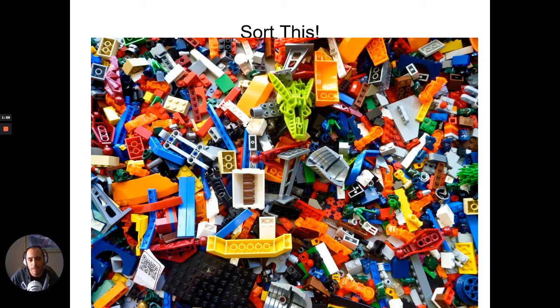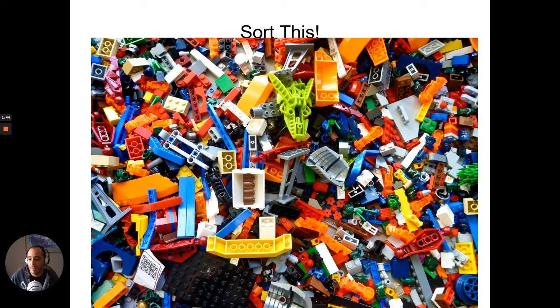So when you're being asked to sort things, there's two things you need to think about. One is what categories or what criteria are you using to do this sort? And that is very separate from the other side of things, which is what technique am I going to use to help me sort.